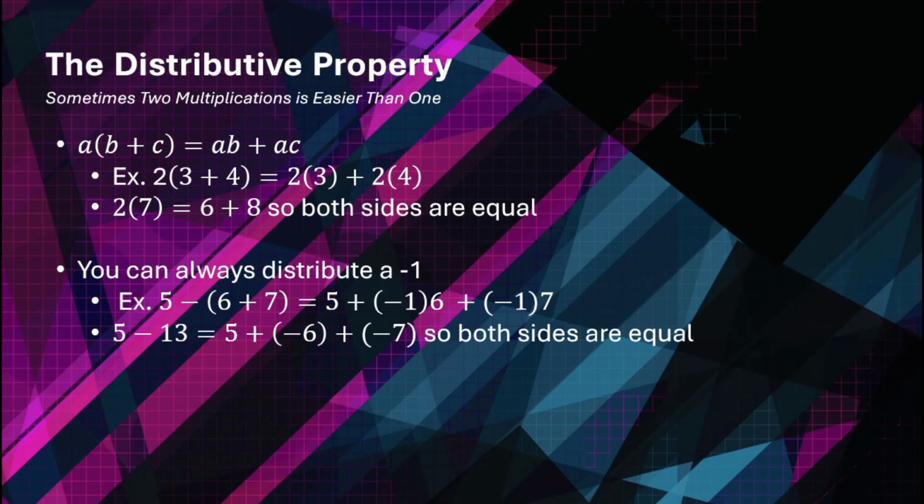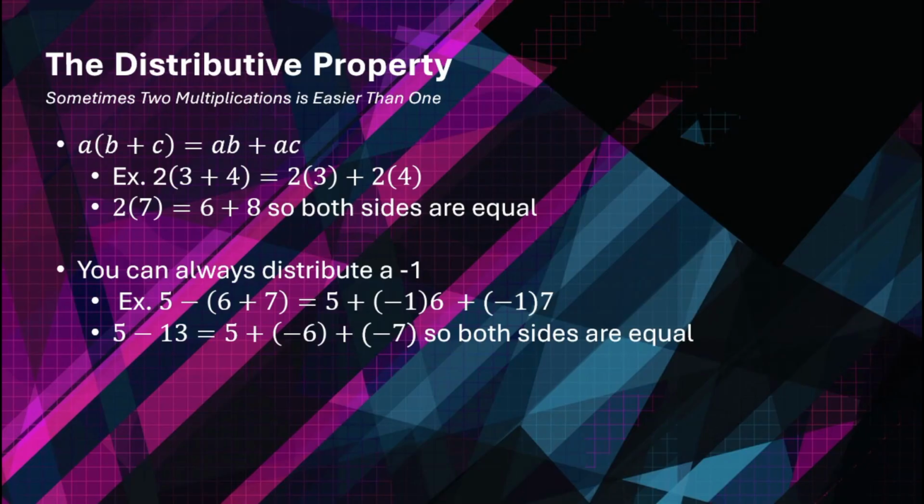So if we have 5 minus the quantity 6 plus 7, think of that as actually being 5 minus 1 times the quantity 6 plus 7. So then when we distribute the negative 1, we're going to have 5 plus negative 1 times 6 plus negative 1 times 7.